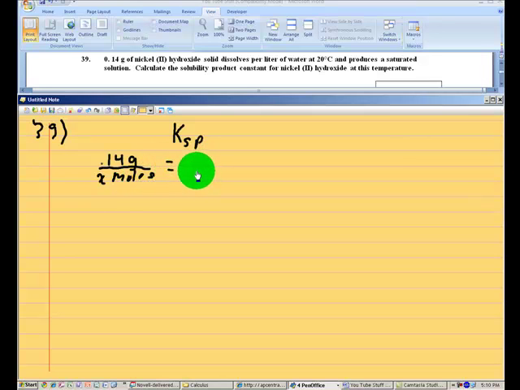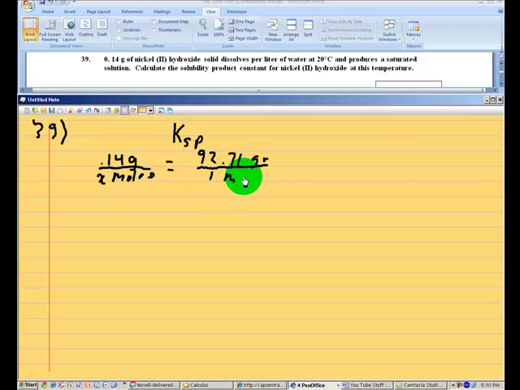Well, what we know is 92.71 grams is the molar mass of nickel hydroxide.